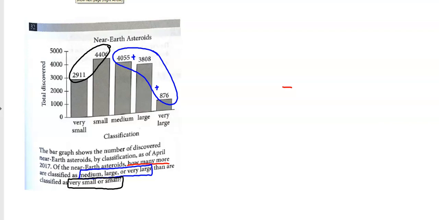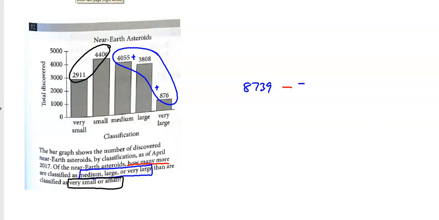Be careful here, because this is not multiple choice, so if I hit something wrong, I'm kind of screwed. Plus 876. So I'm getting 8739 for the blues. And then for the blacks, I have 2911 plus 4406.